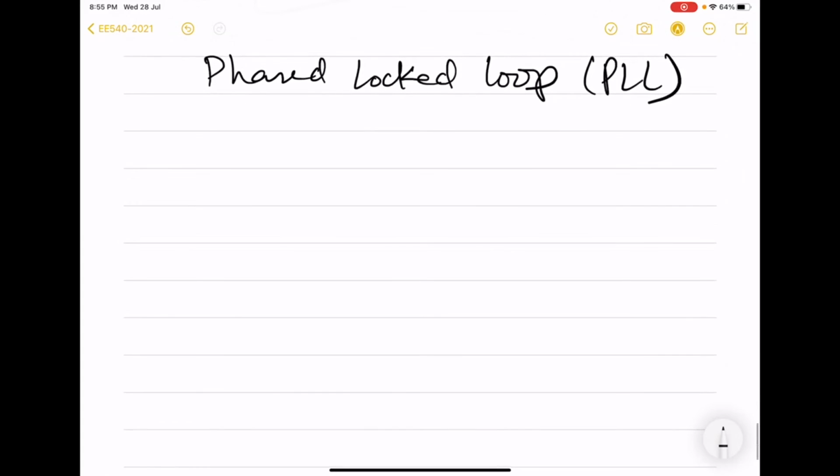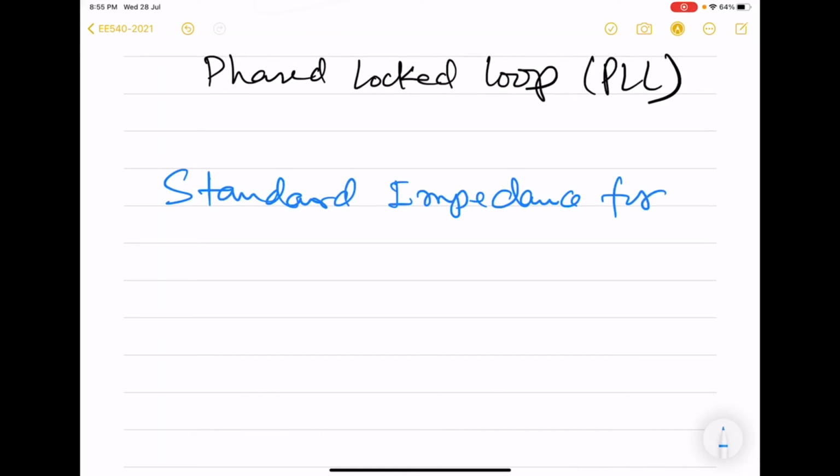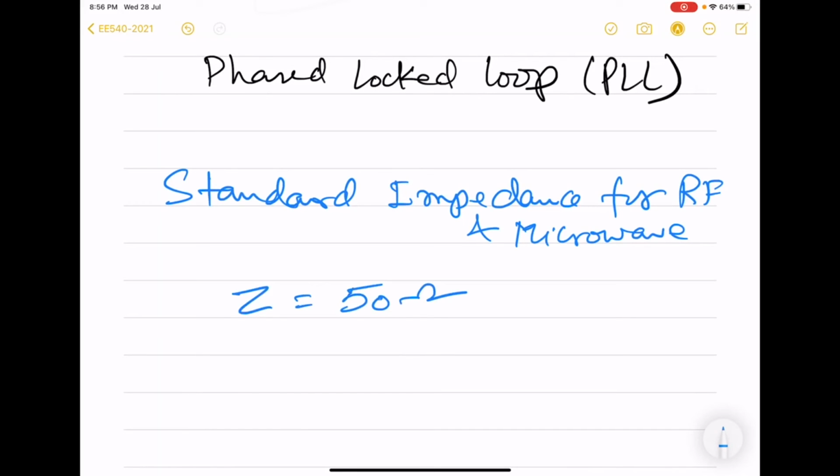Now we will talk about standard impedance, which is used in RF and microwave domain in circuits also. And this impedance is 50 ohm. So what is the meaning of standard impedance?